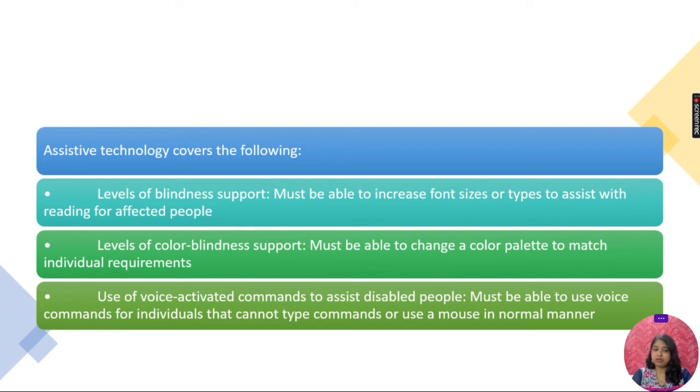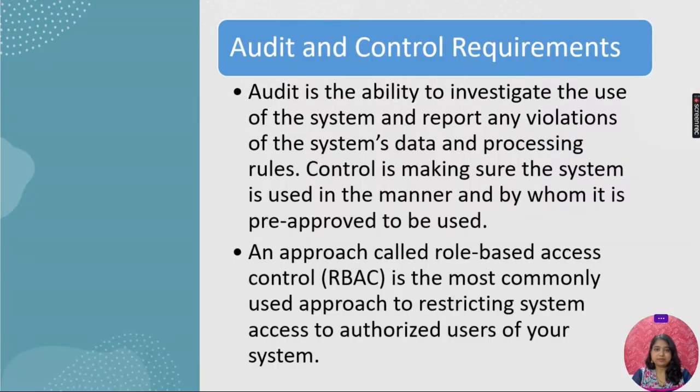It must be able to use voice commands for individuals that cannot type commands or use the mouse in the normal case. So these three levels of assistive technology are required in the system. There should be support for blind people, people with color blindness, and disabled people who cannot type the commands, so they should be able to give voice commands.